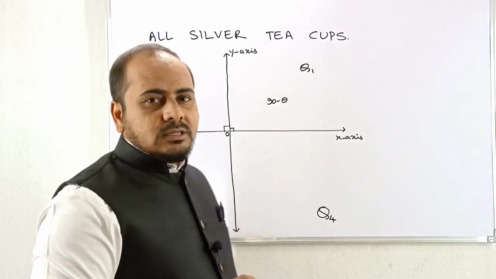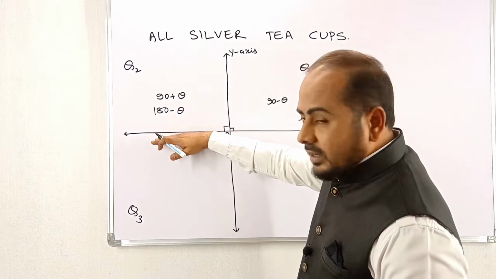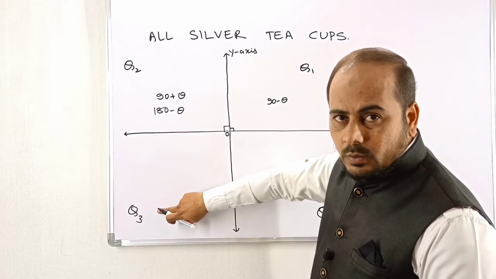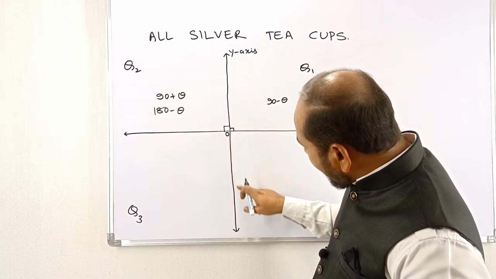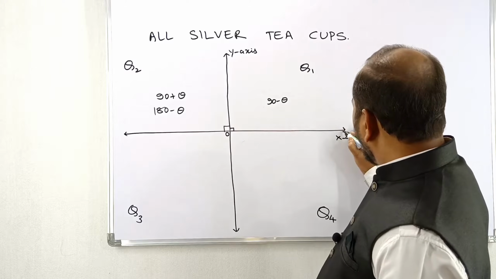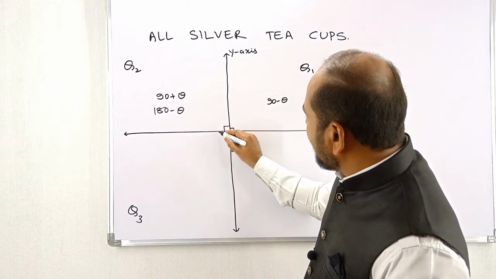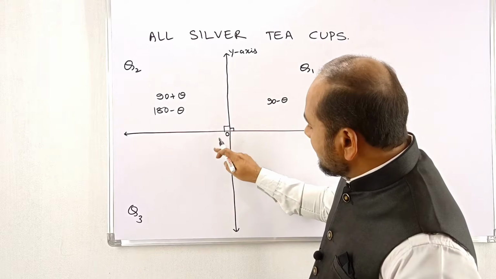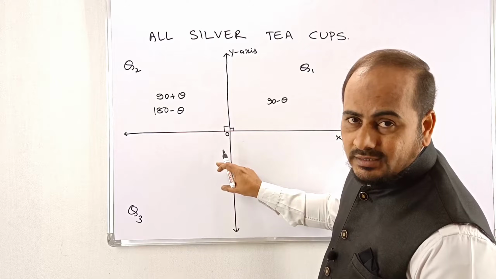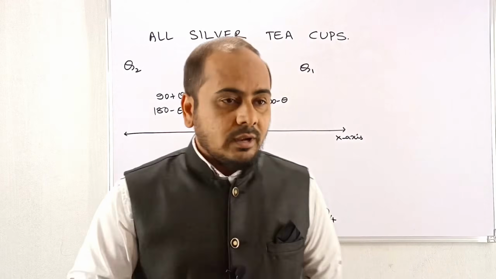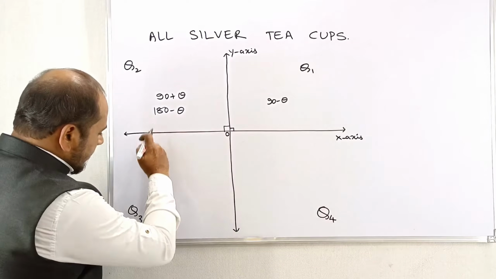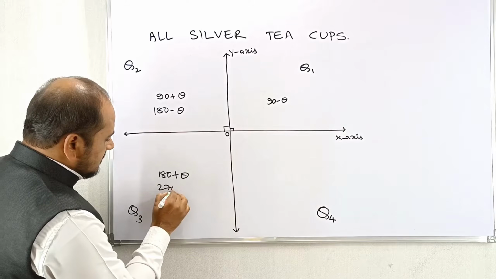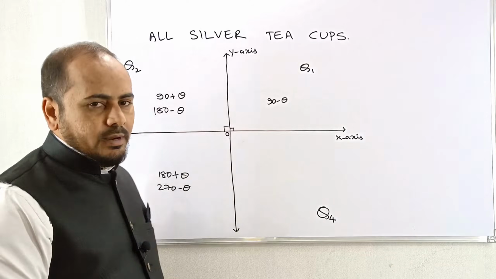This is 180. If you go more than 180, then it falls in quadrant 3. From the initial ray, if you rotate till the y-axis, it makes 270 degrees. So in this quadrant you can write 180 plus theta and 270 minus theta.